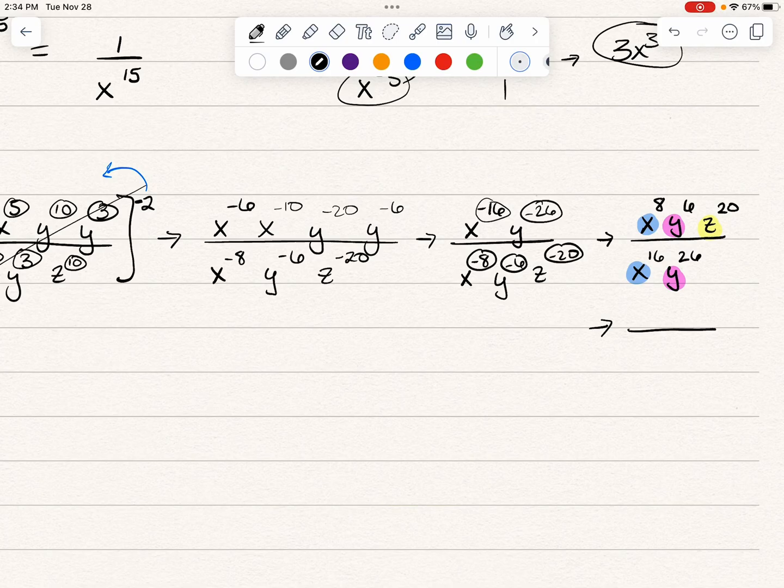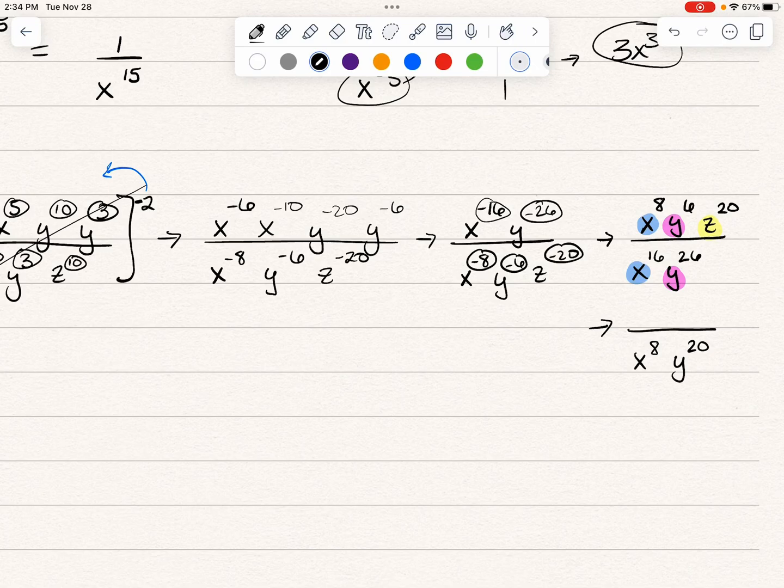Starting with x, 16 minus 8 is going to give me x to the 8th. It stays in the bottom because 16 is larger than 8. For the y's, 26 minus 6 is 20, so that's y to the 20th. This stays in the denominator because 26 is greater than 6.